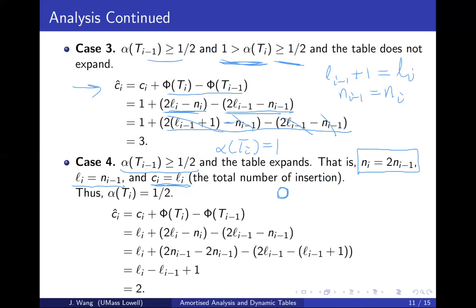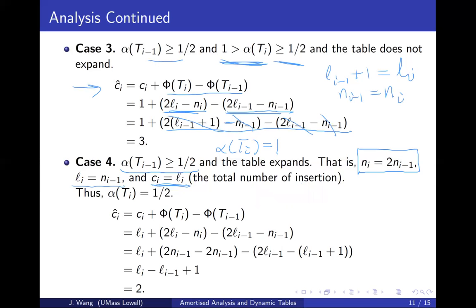So maybe c sub i we can write as a big O of L sub i. But for the sake of demonstration, let's just say we just need to copy L sub i items over for the dynamic table. So the cost is just L sub i. So just remove this.